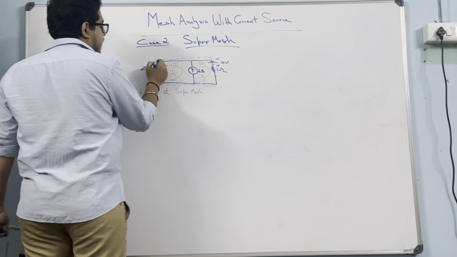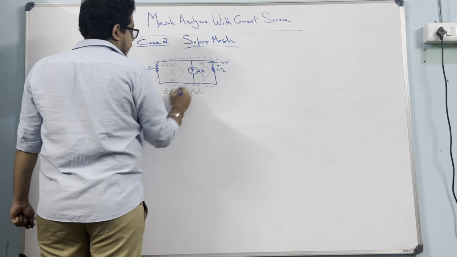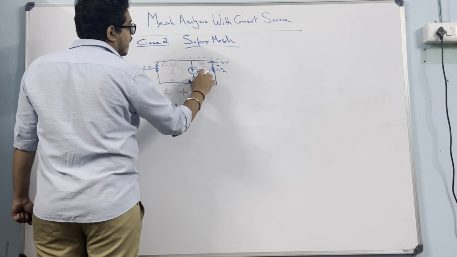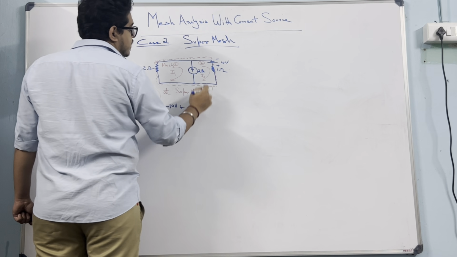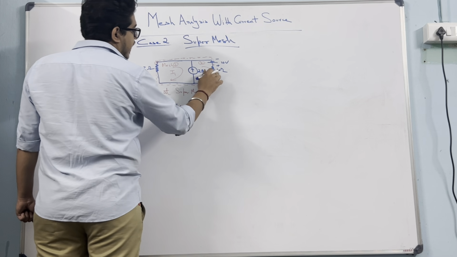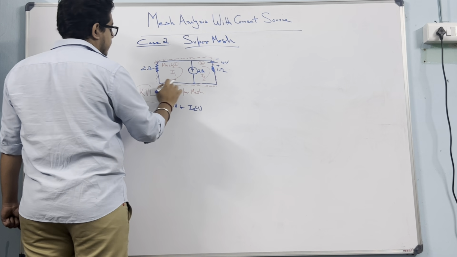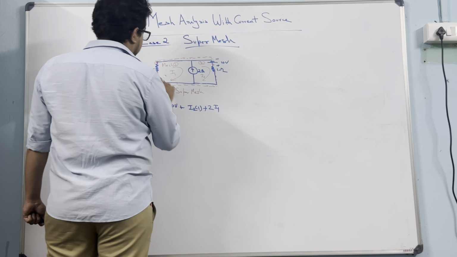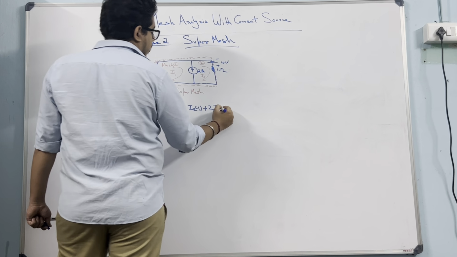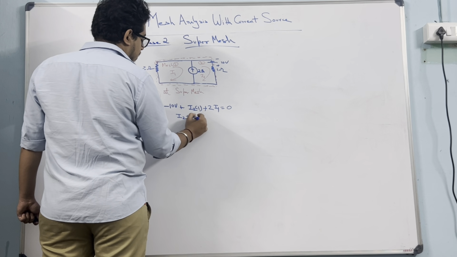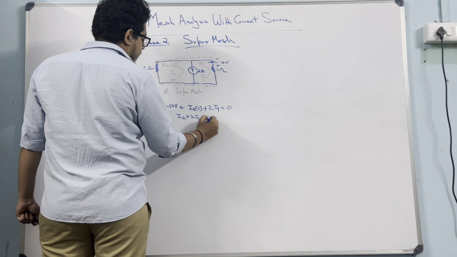Coming from this point going to this, there is a potential drop of minus 10 volts, plus there is current flowing I2 across this direction. It will be I2 into 1, IR, again come to this point. There is 2 plus 2 I1, current into resistance, equal to 0. So upon solving, I2 plus 2 I1 will be equal to 10.